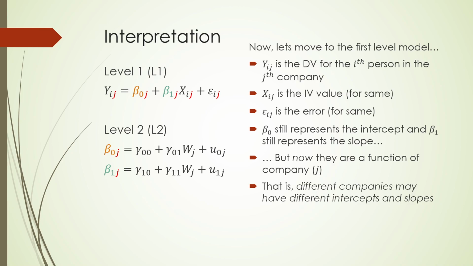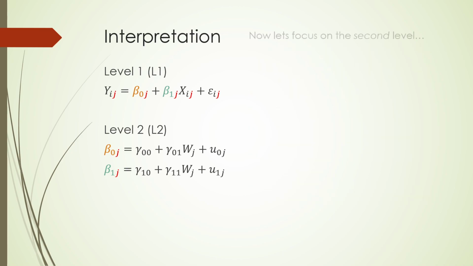Yeah, that makes sense too. So within this context, different companies might have different base pays that we need to account for, and different skill compensations that we need to account for. By putting beta sub 0j and beta sub 1j, we're allowing the companies to be different on those. So each company is going to have its own equation that the individuals within that company are going to follow.